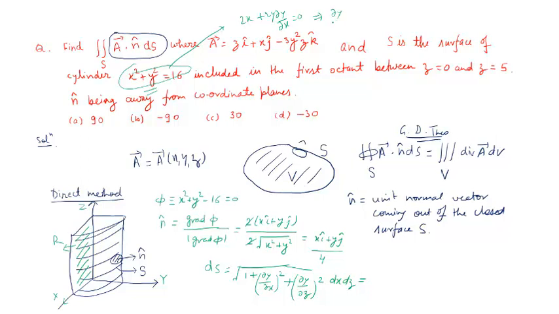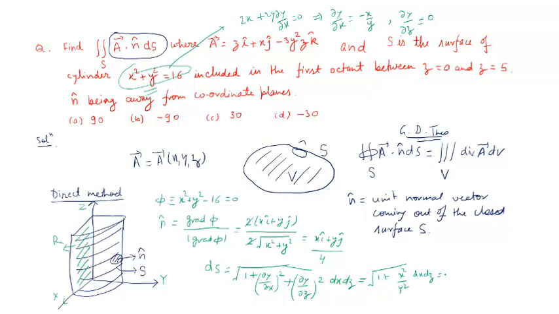So the value of debur y by debur x is minus x upon y, and the value of debur y by debur z is actually 0 here. So if we substitute these values in this expression for ds, we get ultimately square root of 1 plus x square upon y square into dx dz.